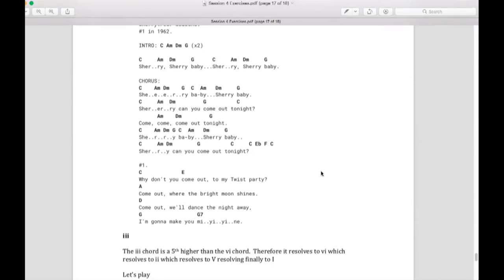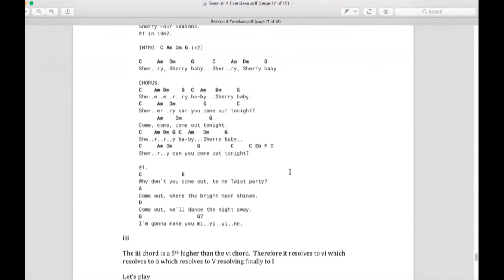Come out where the moon shines. Come out, we'll dance the night away. I'm gonna make you mine. We're back to C.